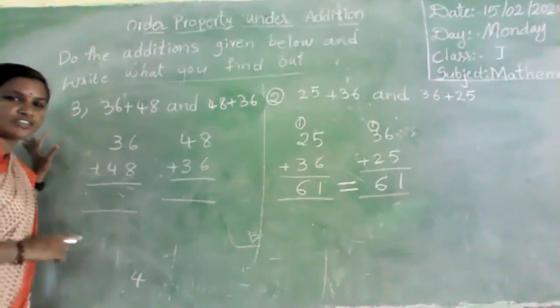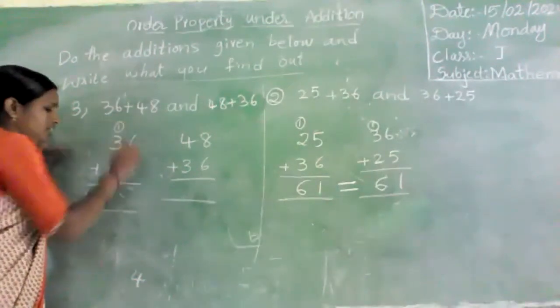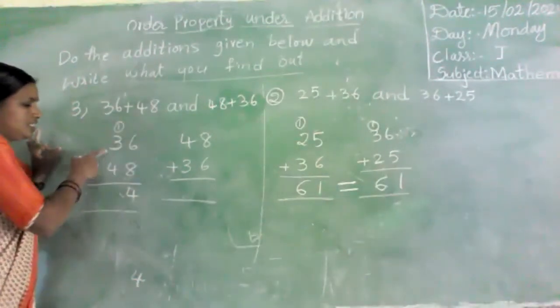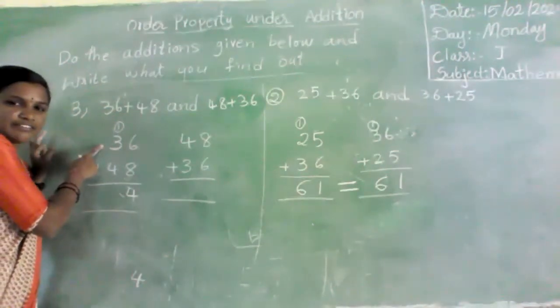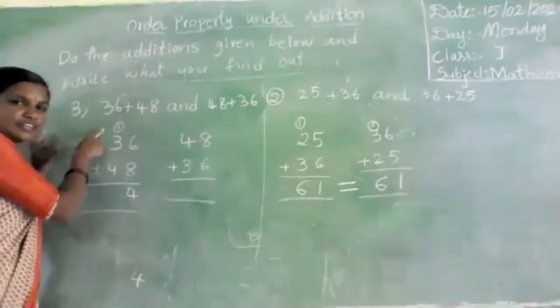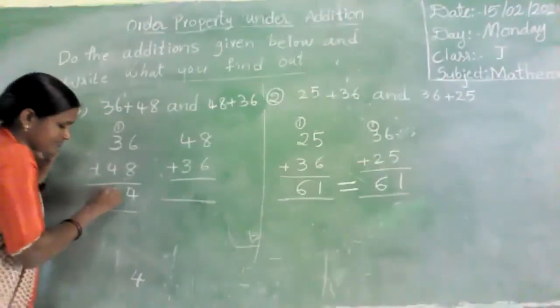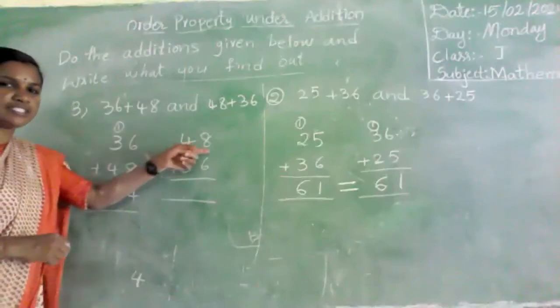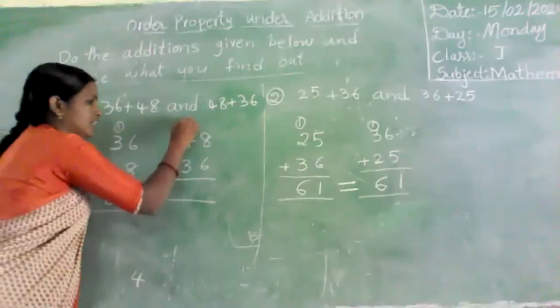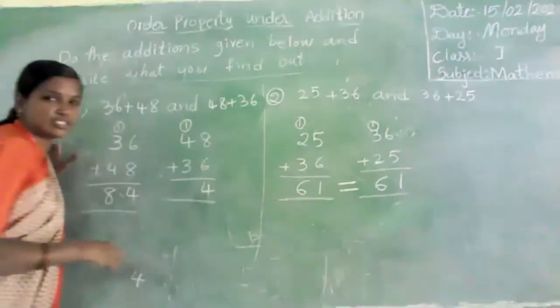Six plus 8, 14. 1 carry, 4 under ones. 4 plus 3, 7, and carry. 7 after that 8. Next, 8 plus 6, 14. 1 carry, 4 under ones.